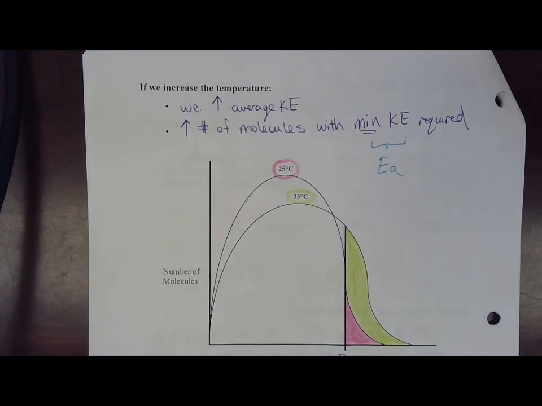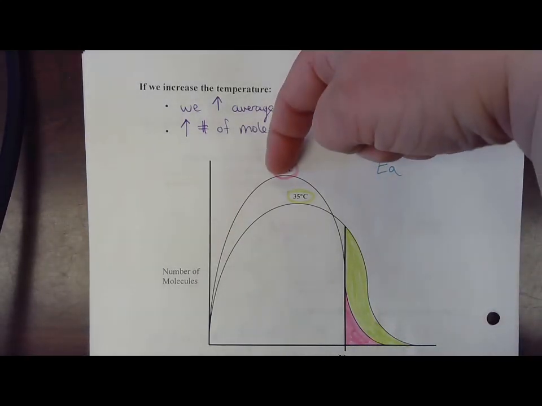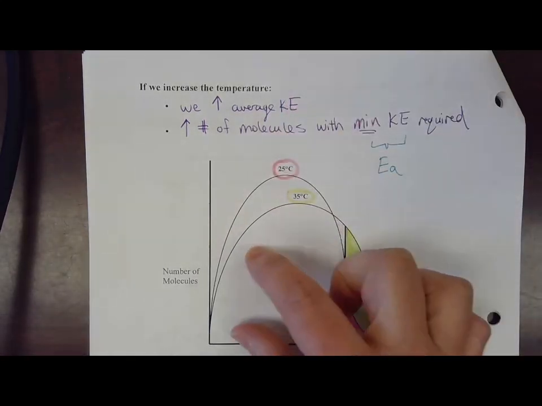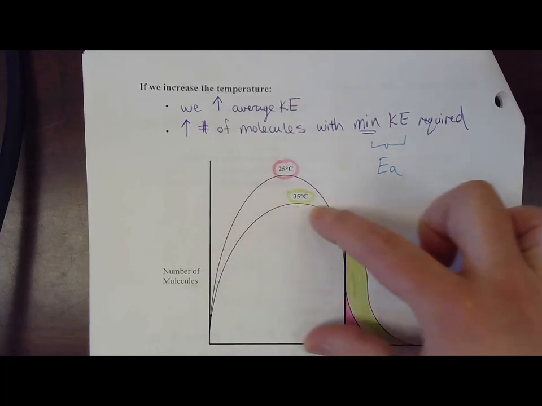So the next page is talking about increasing the temperature. When we increase the temperature, we don't just slide it along the graph. It's more like taking my finger and poking it. So it gets wider and broader.